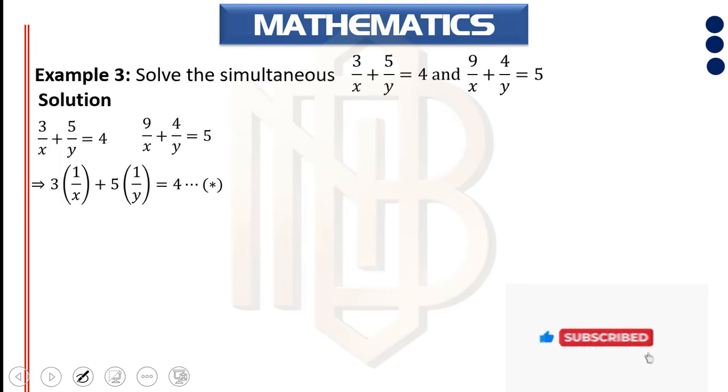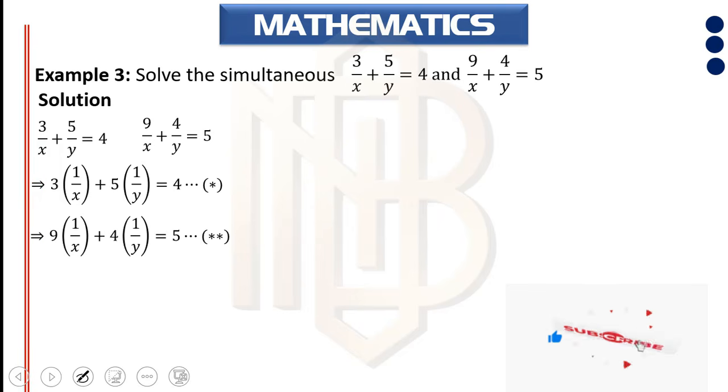So you will agree with me that the equation here is the same thing as this. Okay, now let's take a look at the second equation too. You agree with me that this is the same thing as this. Okay, because 9 times 1 over x will still give you this. So we're just rewriting it to bring out the similarity in the two equations.